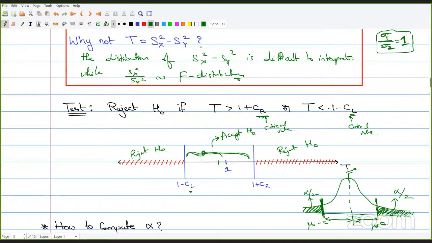It cannot go any other way. There will not be two values. Either T falls in this particular place where you will reject, or maybe your T falls here in between.